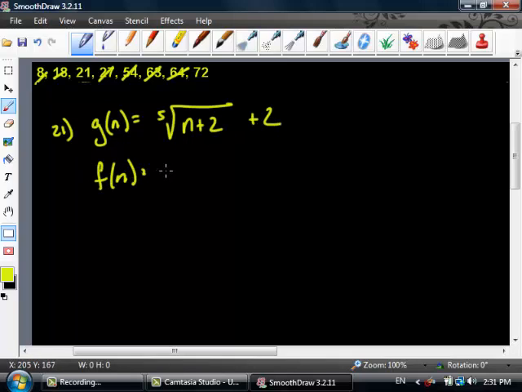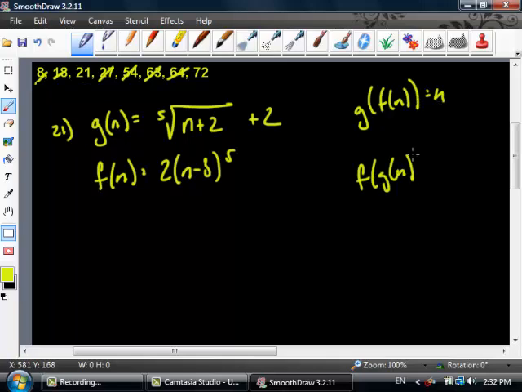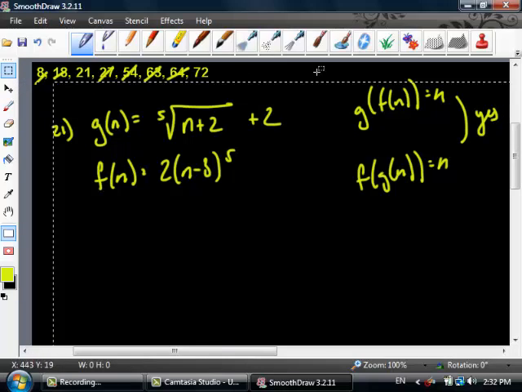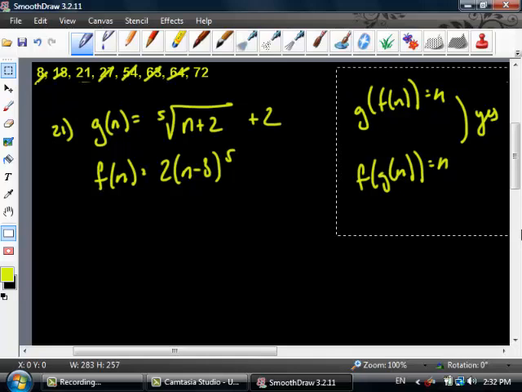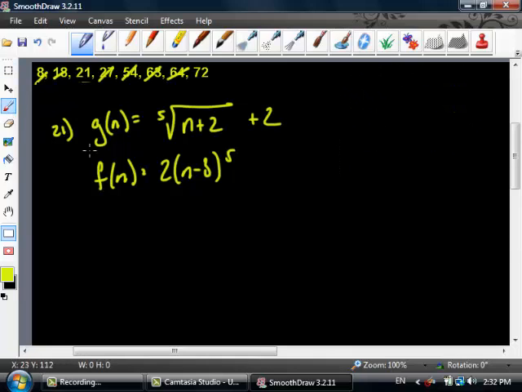Remember, when it comes to finding what the inverse of a function is, we would do g of f of n, and if that equals n, or f of g of n, and that equals n, then the answer would be yes. Everyone remember that? Okay. If you end up with a really nasty problem like this, sometimes it's easier just to take the inverse of that problem and see if it works.